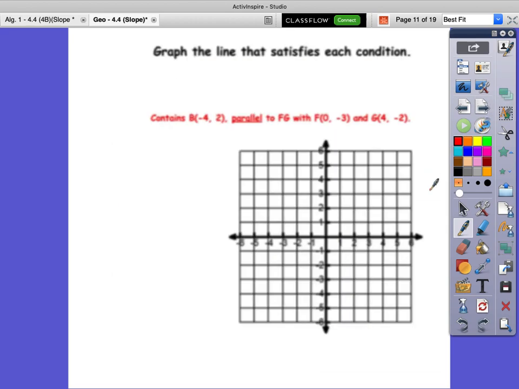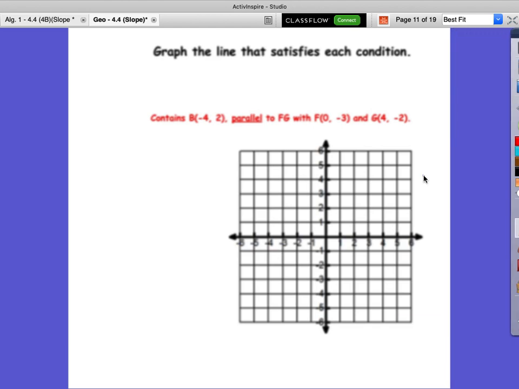Why is this valuable to my future? Okay. Graph one that satisfies the condition. Contains the point B, negative 4, 2. So to contain that point, we can go ahead and graph that point. But it has to be parallel to line FG. So how could we make sure it's parallel to line FG? They have to have the same slope.